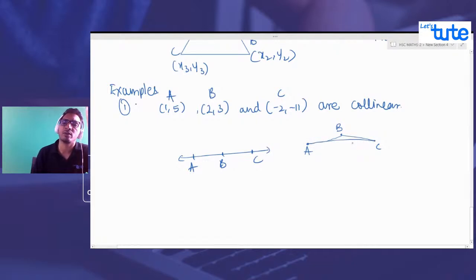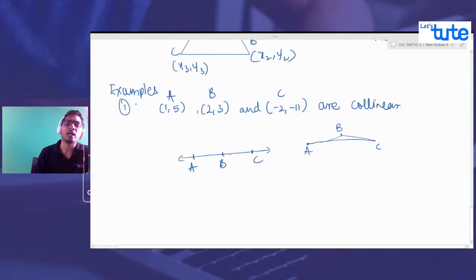Even though it is very close, we still have a triangle. So when we have even the smallest triangle, we will definitely have an area, correct? But when they are collinear, they are on the same line. That means a triangle is not possible and there is no area to find.